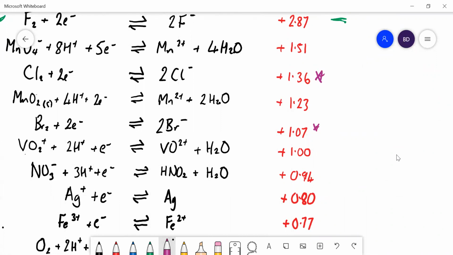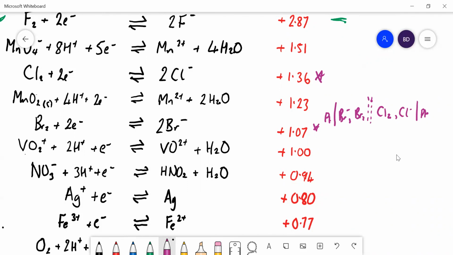If I connected a cell up there, there's my salt bridge. Which is the most positive? Well, it's the chlorine, so that goes on the right. So I'll put Cl2, aqueous solution, the chloride ion, and you would need platinum for it. On the other side, you need bromine, that's the oxidized form, Br minus the reduced form, and platinum there.